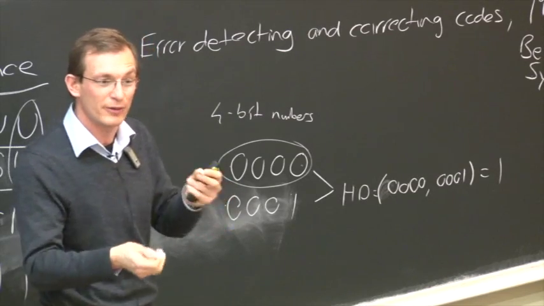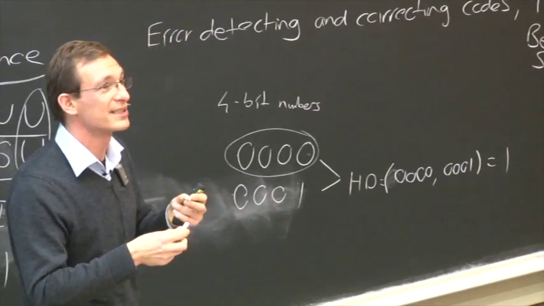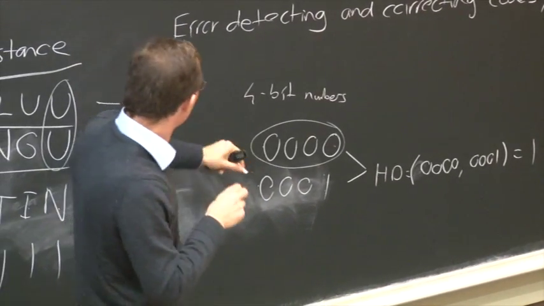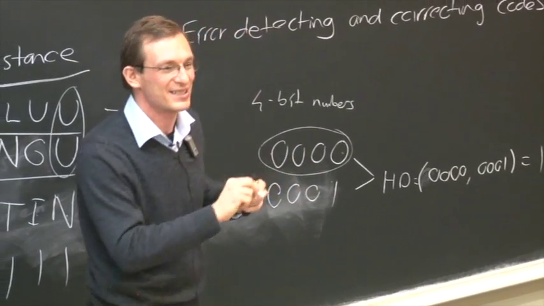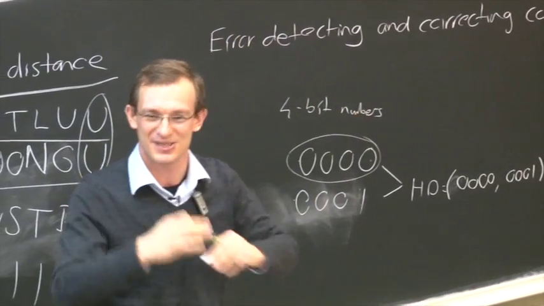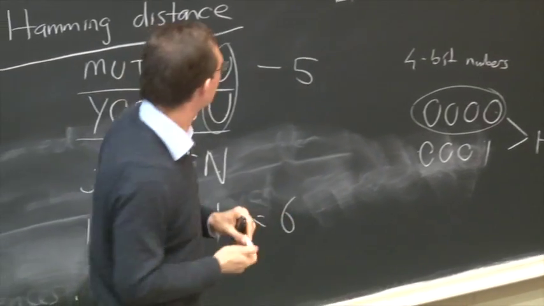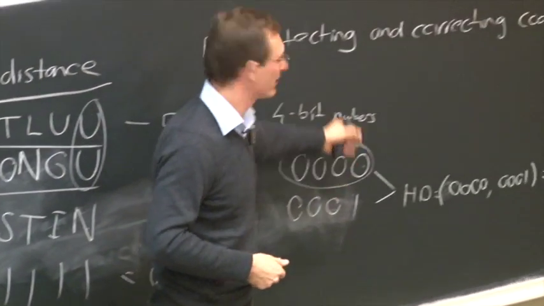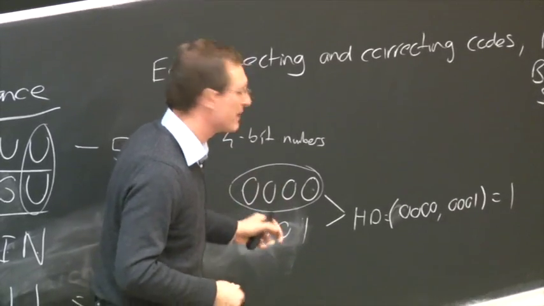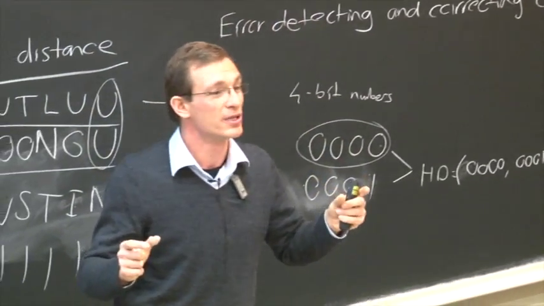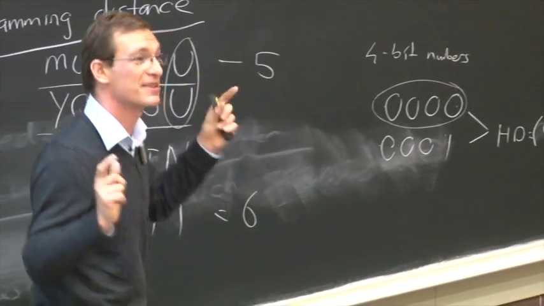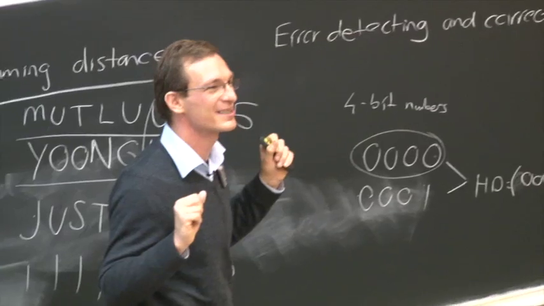So you can design error-correcting codes that can correct values with different Hamming distances. I'll not go into that in detail. That's the subject of a different course. But that's the concept of the Hamming distance, a way of understanding the magnitude of difference between two strings that have the same length. Make sense?